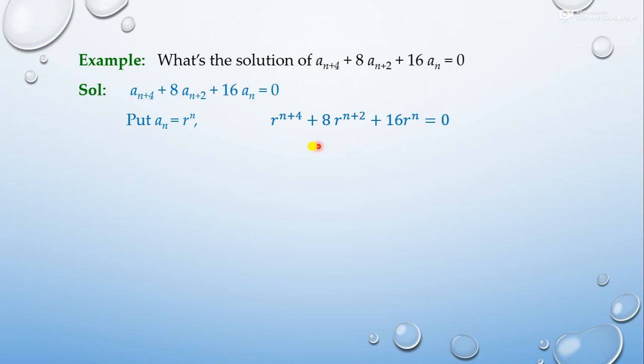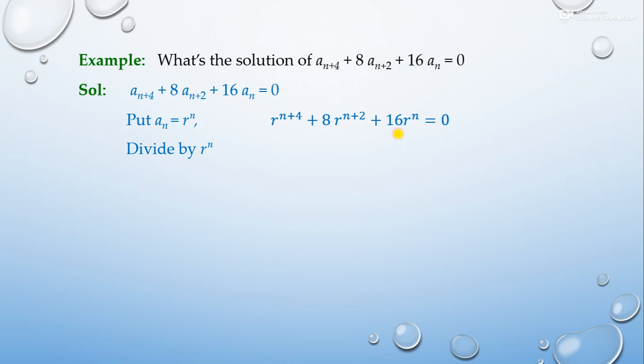Now, what do you do in the next step? Here, what is the lesser term? We have r raised to the power n as the lesser term. So we have to divide this equation by r raised to the power n. In the last questions, we had the recurrence relation in terms of n minus 1 and n minus 2, so after putting an is equal to r raised to the power n, we divided by the lesser term, that's r n minus 2.